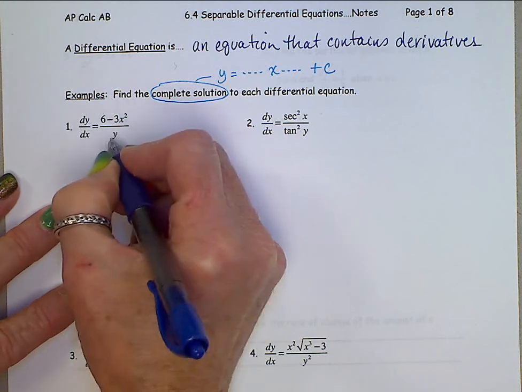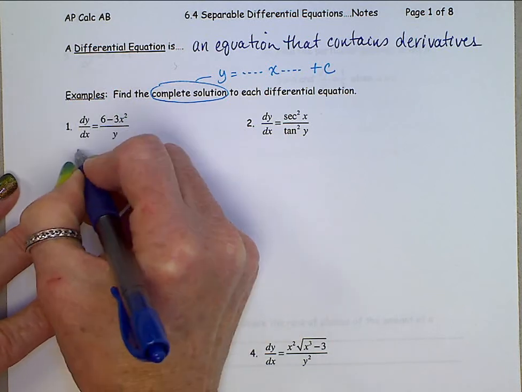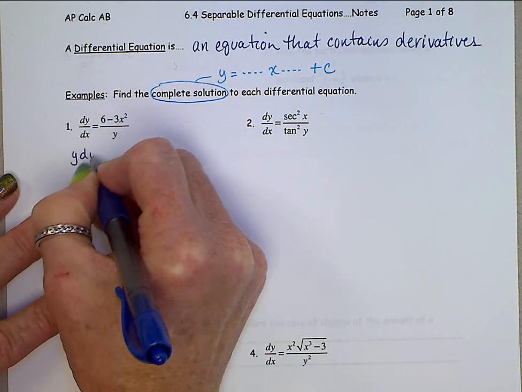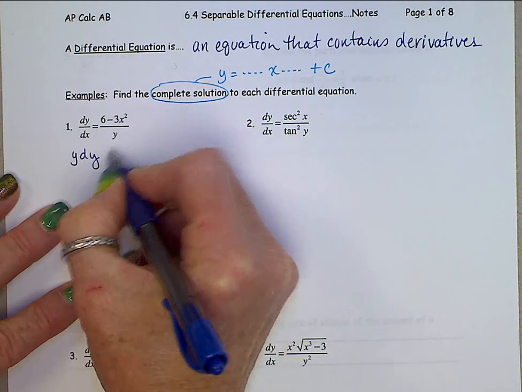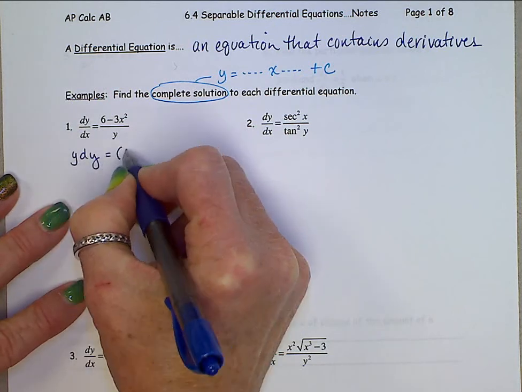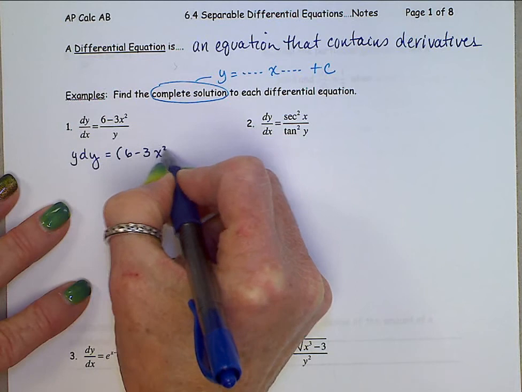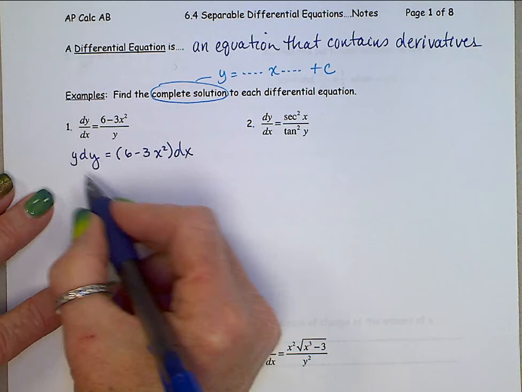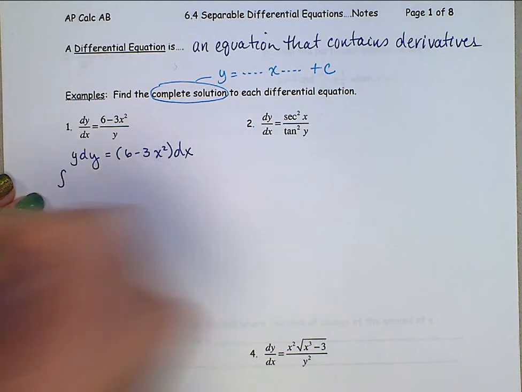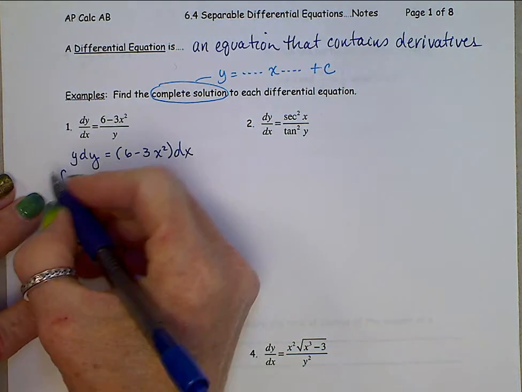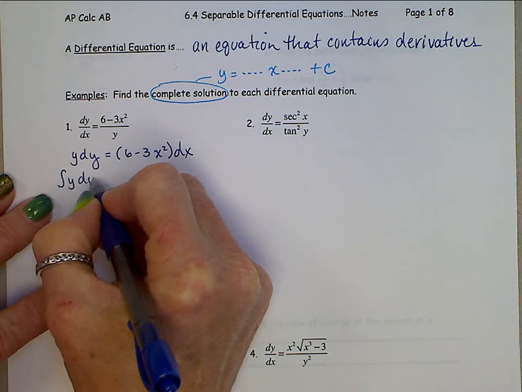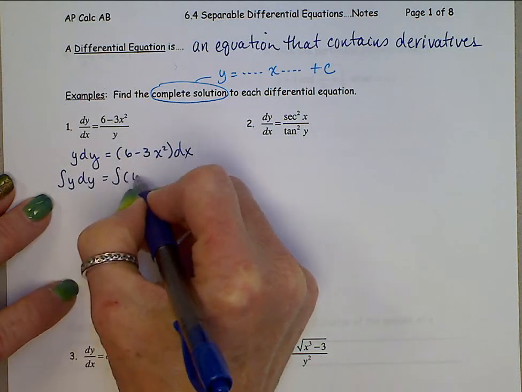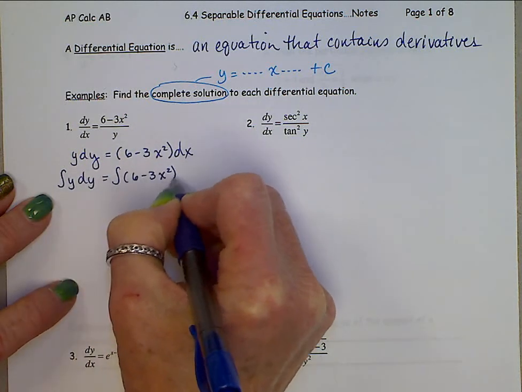I'm going to multiply by y here and make this y dy. At the same time, let's multiply by dx, which gives us 6 minus 3x squared dx. Then to get y equals, we'll have to anti-differentiate each side. So we have the integral of y dy is the integral of 6 minus 3x squared dx.